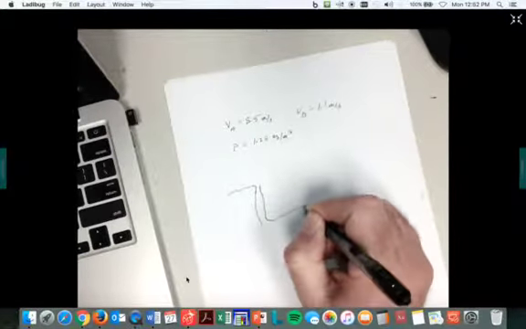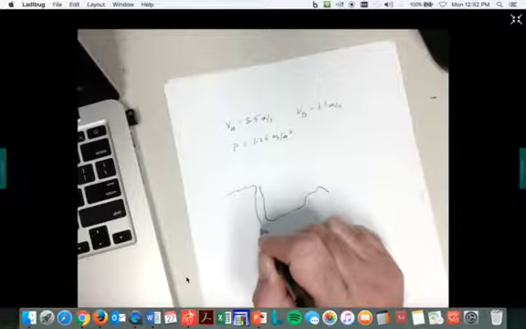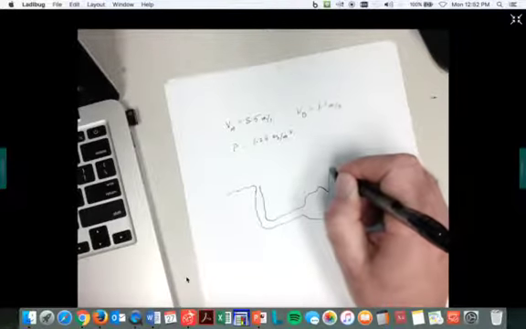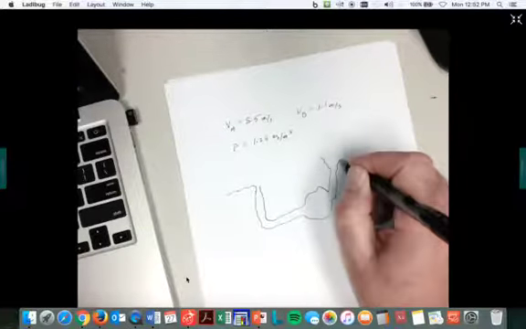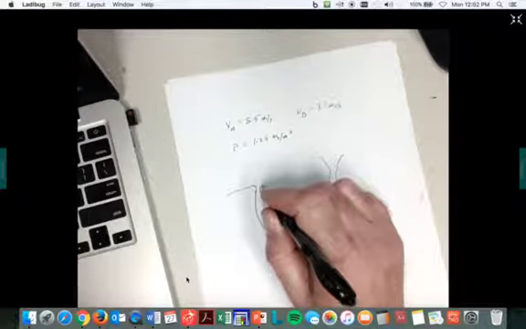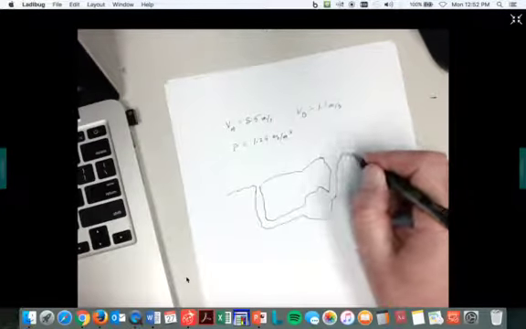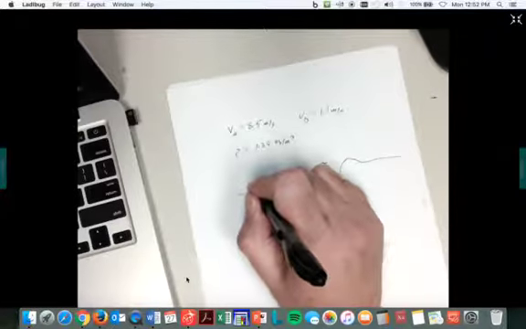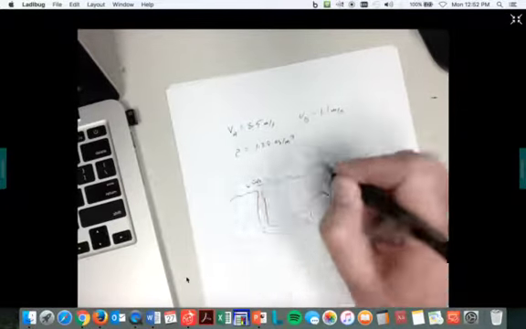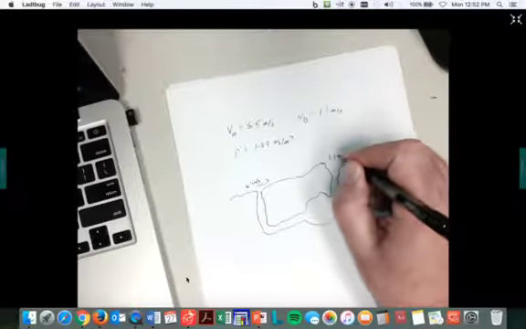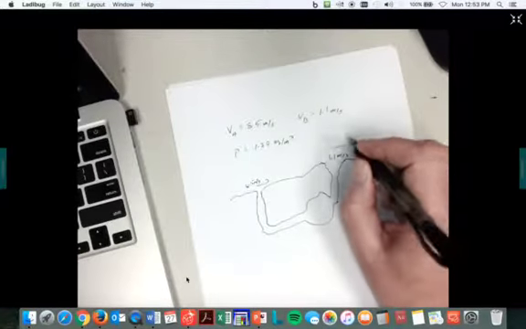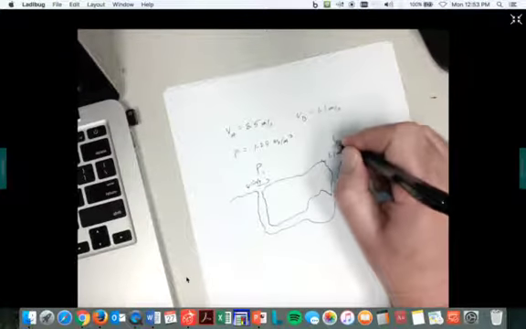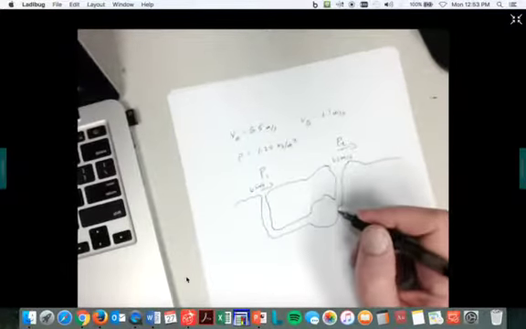It goes along, and we've got a little bulge here, and a bigger opening here that should actually be lower. 8.5 meters per second is blowing here, and 1.1 meters per second is blowing here. This is P1, and this is P2, which we're going to be measuring.